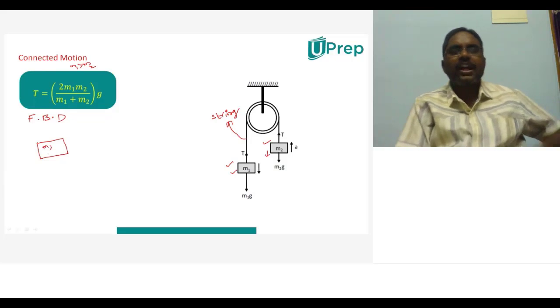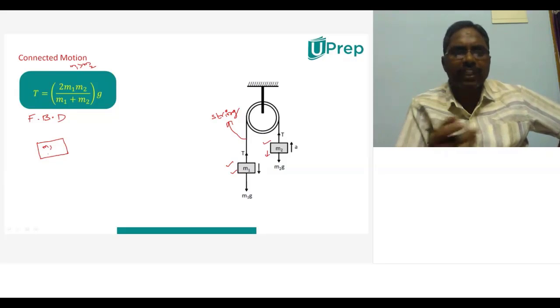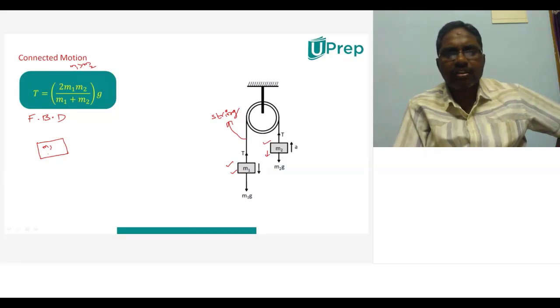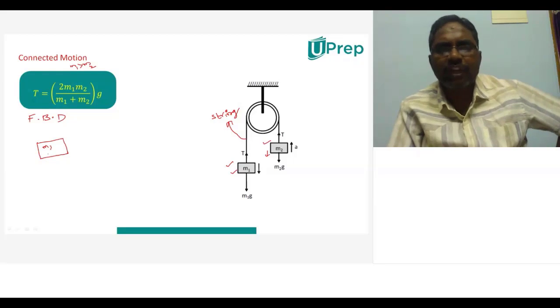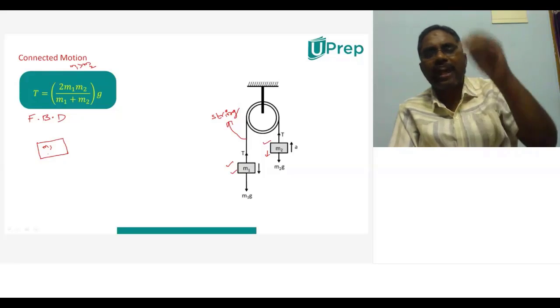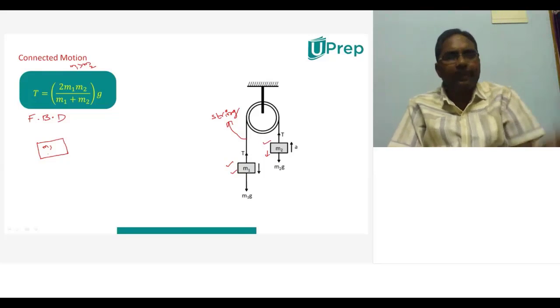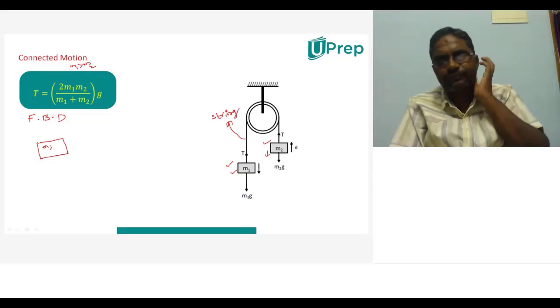And tell me, on every object, acceleration due to gravity will work or it will not work? Sir, it will work. Right. When acceleration due to gravity is acting on any object, definitely each object will be pulled towards the earth or not?